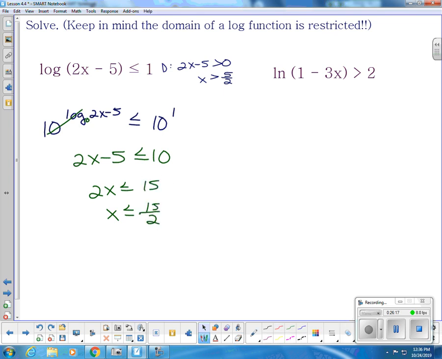All right. So think of our number line. X is less than this number, but it's greater than 5 over 2. So our interval is going to be 5 over 2 up to and including 15 over 2 because it was an or equals to equation. Does that make sense?